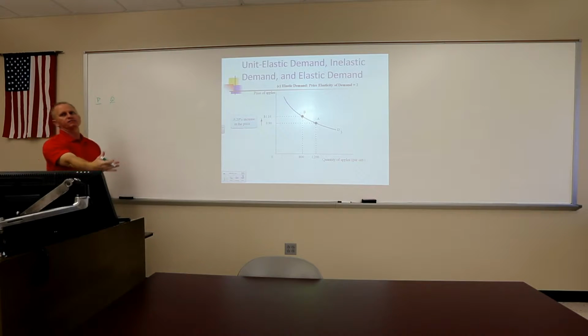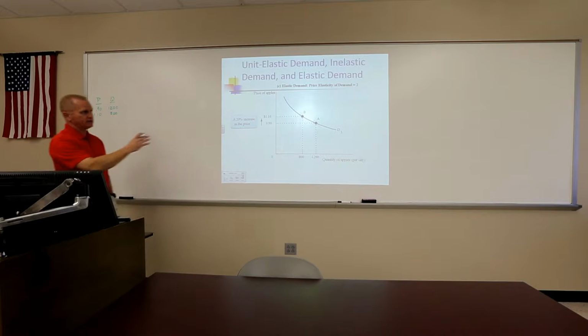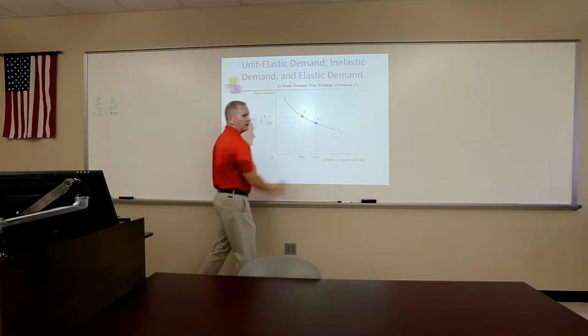Now this is a graph, but I'm going to take the data from the graph. The price is at 90 cents. It went up to $1.10. And from 90 cents, it was at 1,200 apples per day, and 800 items at $1.10. And that's points A and B on the line.